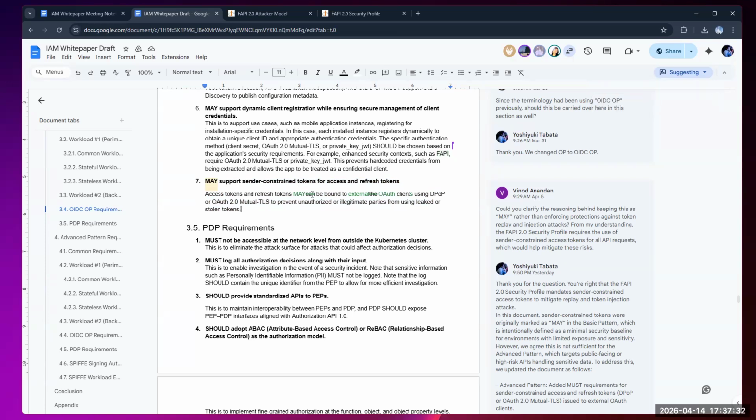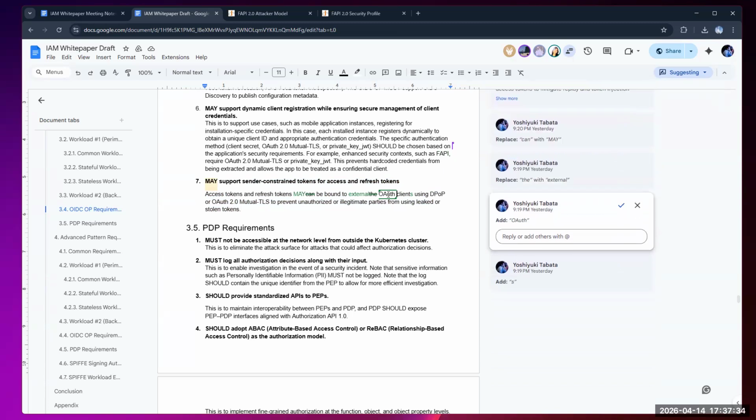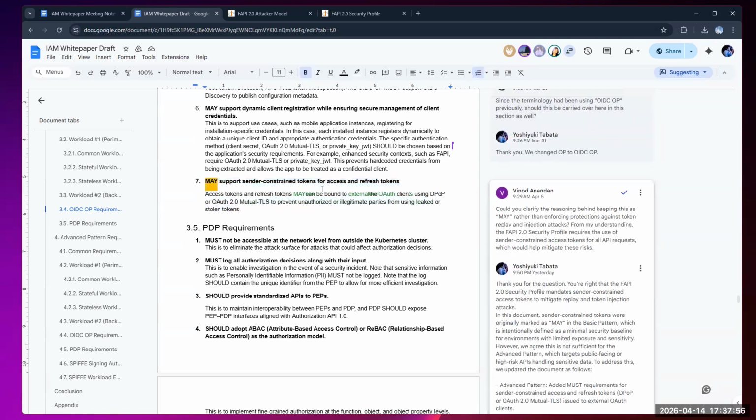And this is my suggestion: we limit the effect of sender constraint only to external OAuth clients first, and in the advanced pattern, sender constrained tokens are mandatory.